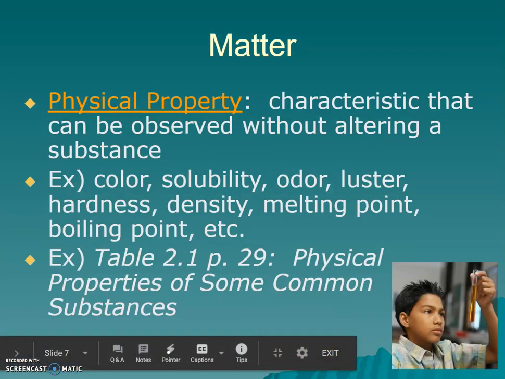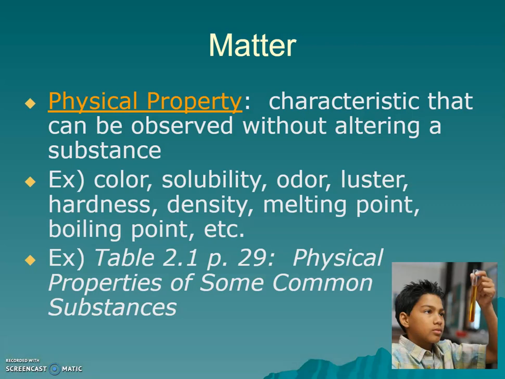Okay, so how do we determine whether something is a substance or a mixture? We look at their physical properties. Physical properties are characteristics that we observe without changing what it is. So we're going to use our five senses in order to do that.